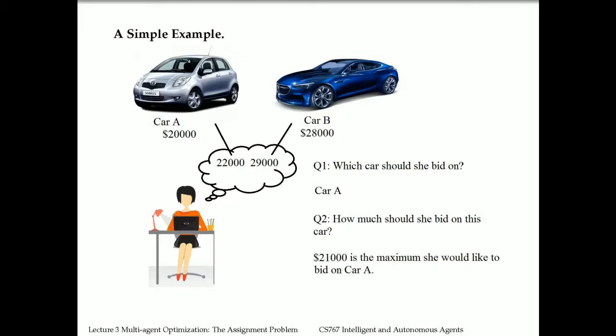Why? Because if she bid any value more than $21,000, then the utility that she will get is not as high as the utility car B gives her. So she would not be happy to bid at any price higher than $21,000. The highest would be $21,000. Right? So the reasonable action for her to do is to bid on car A with $21,000.